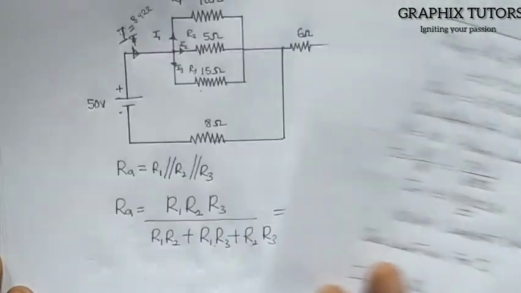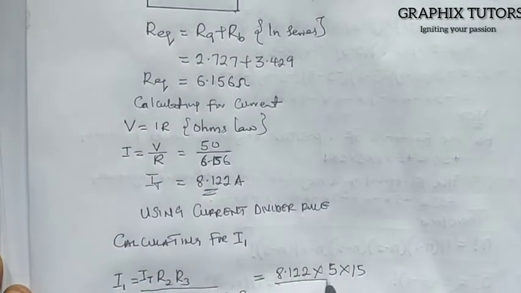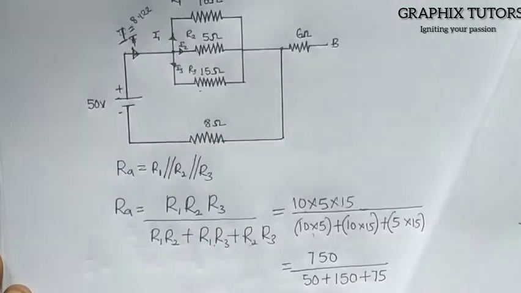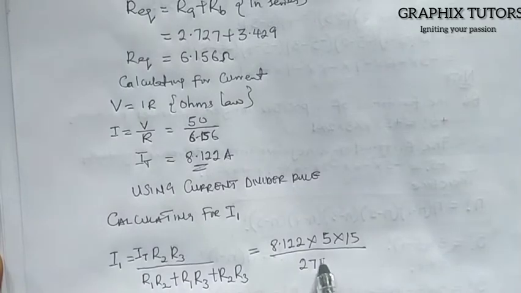Multiplied by R3. R3 is 15. All over, everything I have here is the same thing, so I'll just simply put 275, because they are all the same.